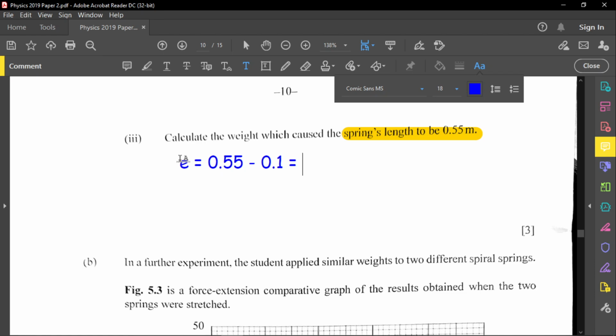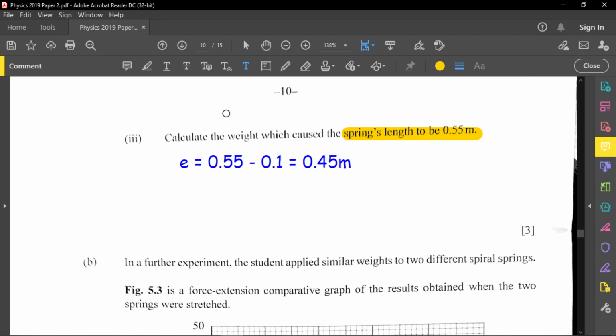So the true extension here is 0.45 meters. That is the exact extension. But they want us to find the weight. What weight will cause the extension of 0.45? So instead of saying cause the spring length to be 0.55, we're looking for the extension. We're not going to use the entire spring length in the calculation, we use the extension.